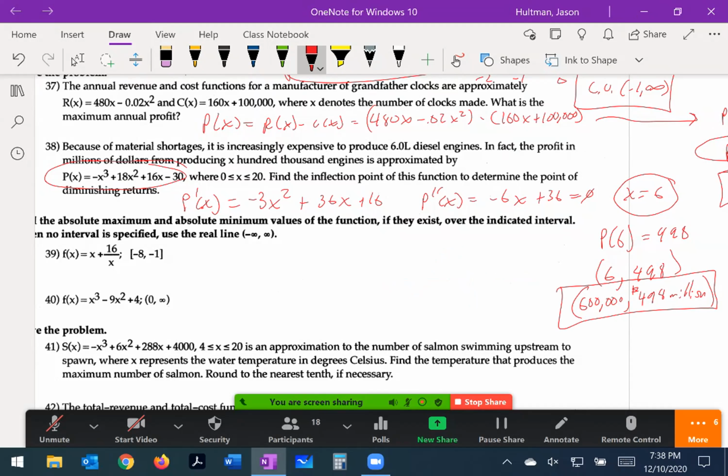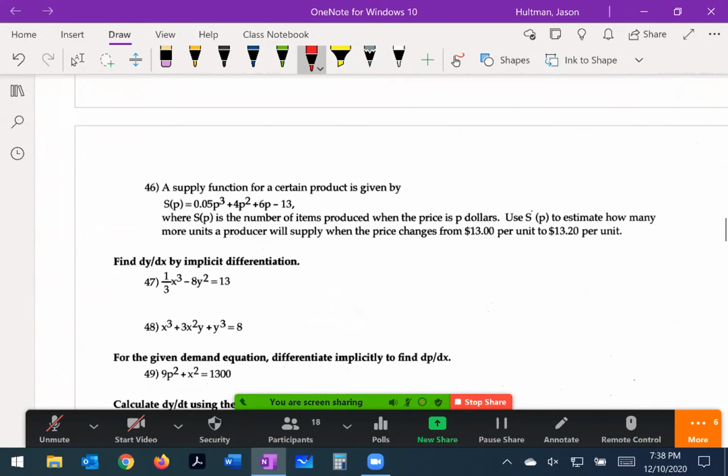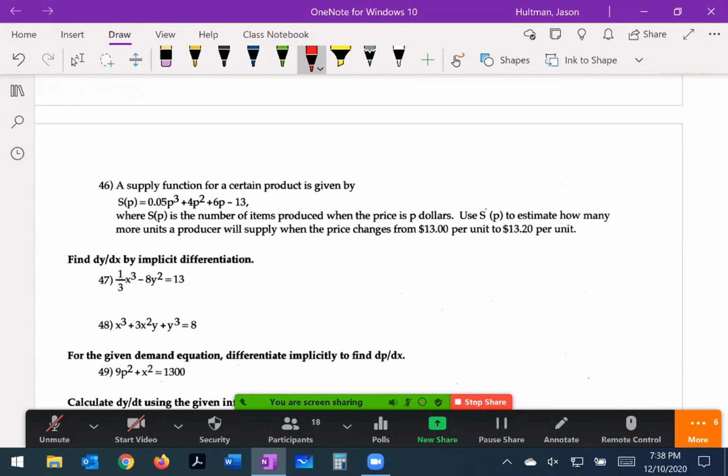Okay, 46. Supply function for a certain product is given by this, where S of P is the number of items produced when the price is P dollars. Use S of P to estimate how many more units the producer will supply when the price changes from 13 to 13.20 per unit.